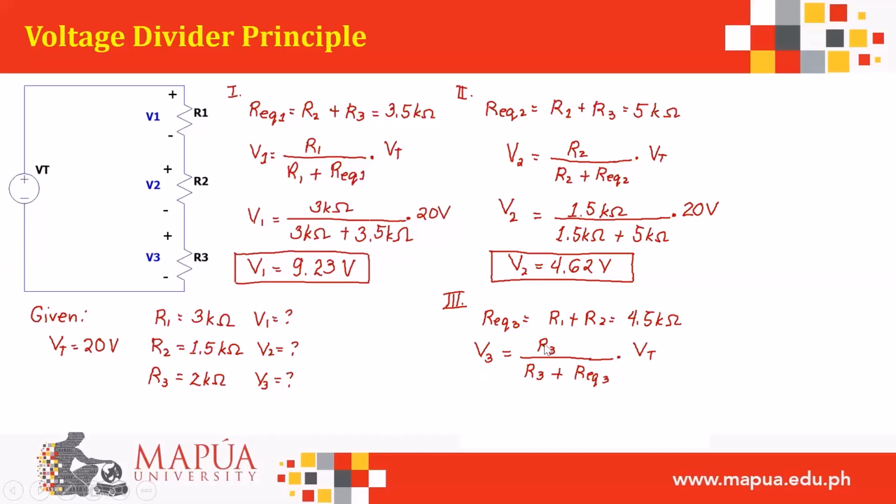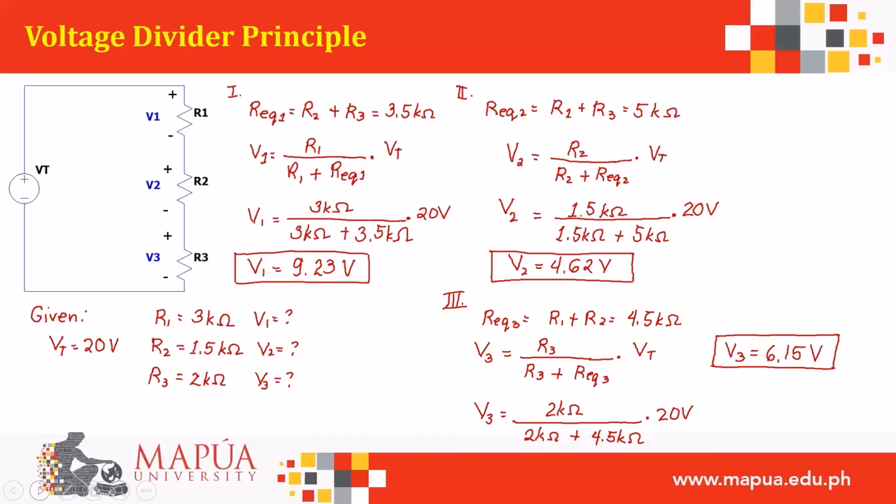V sub 3 is equal to the resistor involved, R sub 3, over R sub 3 plus equivalent resistance 3, times V sub s. So that's 2 kilo ohms over 2 kilo ohms plus 4.5 kilo ohms multiplied by 20 volts. So that's 6.15 volts.